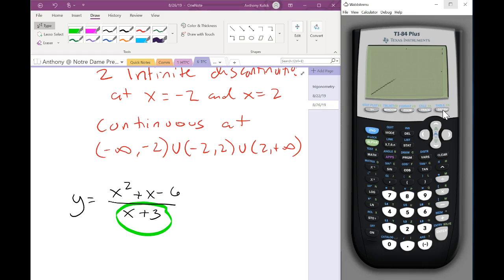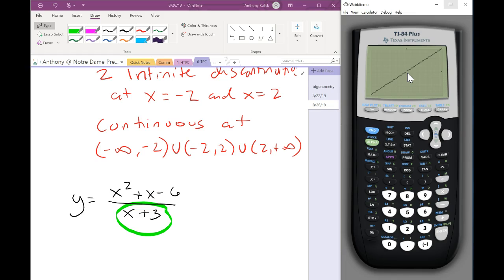And let's do that. Now if we look very carefully, do you guys see this? There's a little tiny gap in our graph. Notice there's a little spot missing. Hard to see it if you didn't know to look for it.